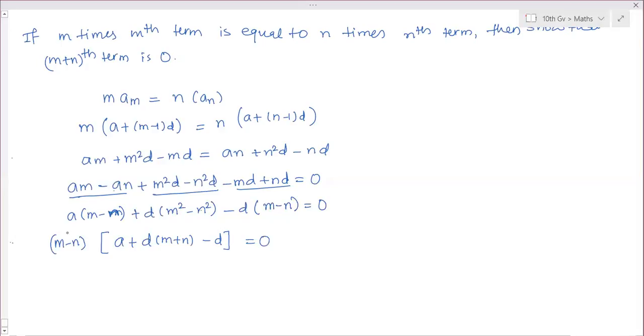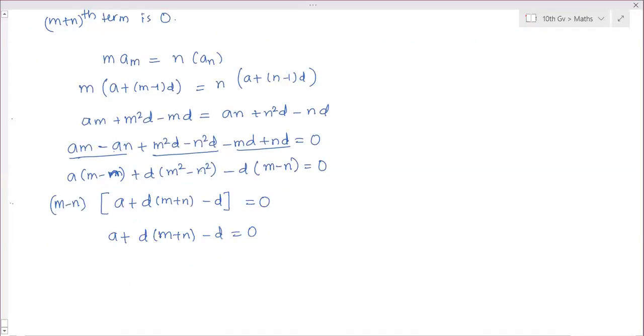is equal to 0. This m minus n is a product. When it is transferred to RHS, it will become 0 by m minus n. So 0 by m minus n is 0. So therefore left out is a plus d into m plus n minus d is equal to 0. Take d common from these two terms.